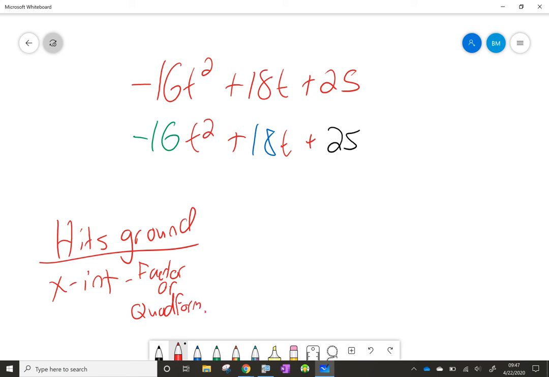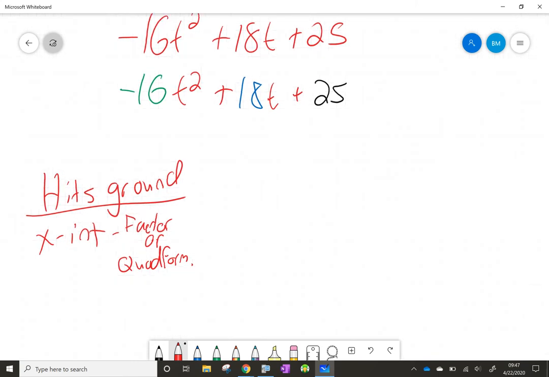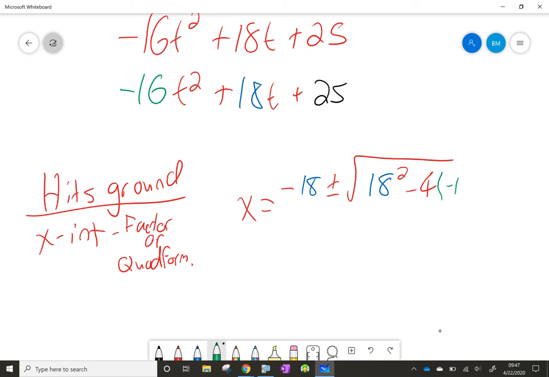This doesn't look like a very simple one to factor, so let's use the quadratic formula. x equals negative b, which is 18, plus or minus the square root of b squared, so 18 squared, minus 4 times a, which is negative 16, times c, which is 25, all divided by 2 times a, 2 times negative 16.